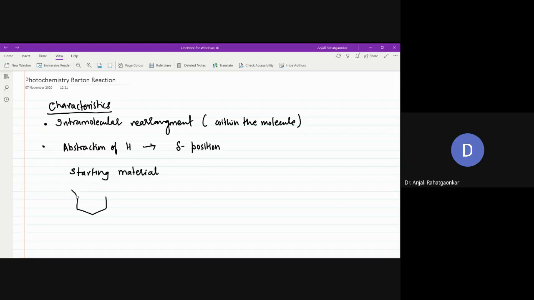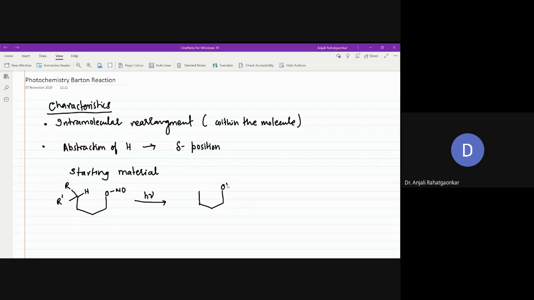Now I can write the overall reaction. This is a nitroso compound, and you will get the formation of this product.